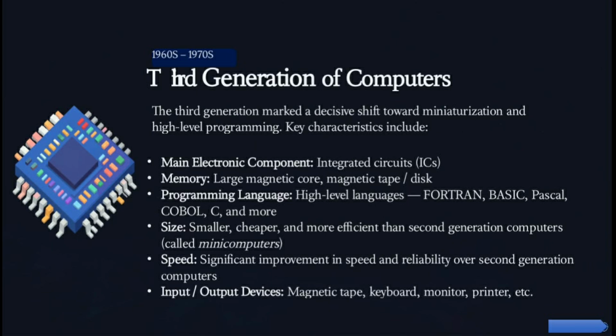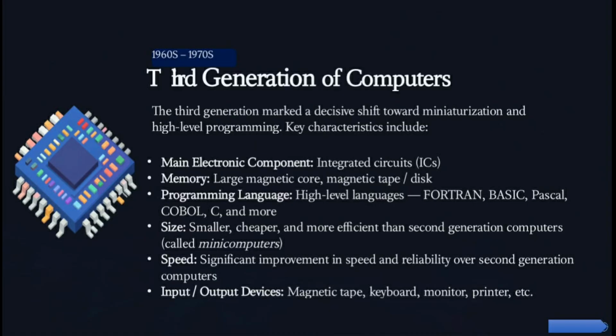The biggest improvement during this generation was the use of integrated circuits. Because of this technology, computers no longer needed as many large electronic components as the computers from the previous generation.